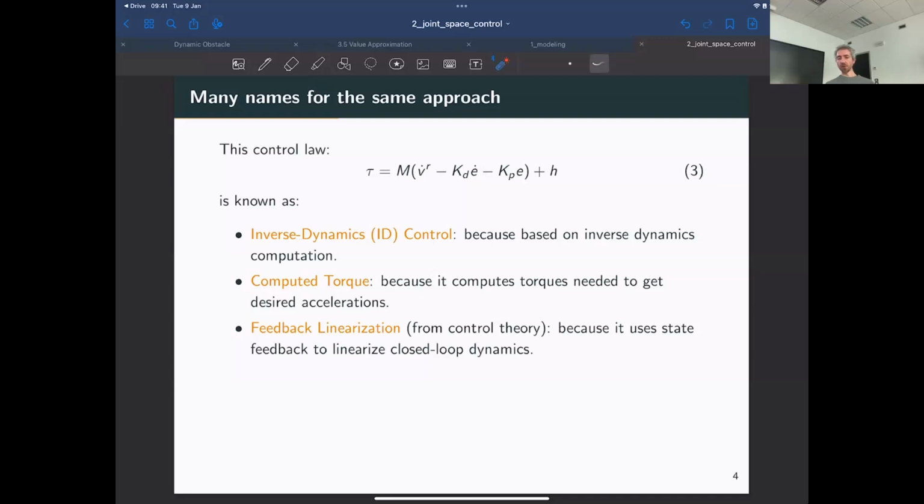And if you talk to people that come from control theory, such as Luca, he will refer to this as feedback linearization. So this is just vocabulary, not adding any new information. Actually, feedback linearization is a more general class of control techniques, where this is just an example of feedback linearization.